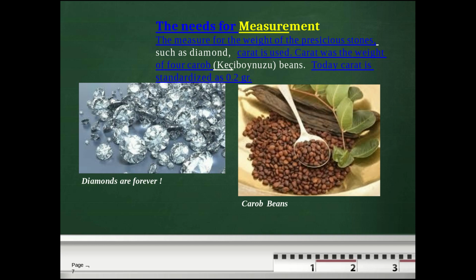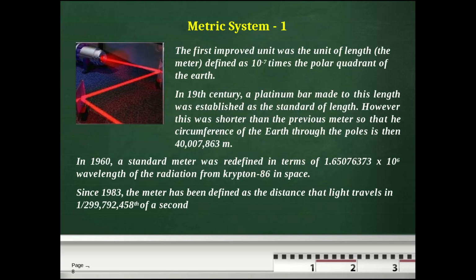The need came from measuring quantities of food and quantities of jewelry, for example diamonds here. Then they introduced a standard all over the world. They first made it according to some length that would not change a lot.